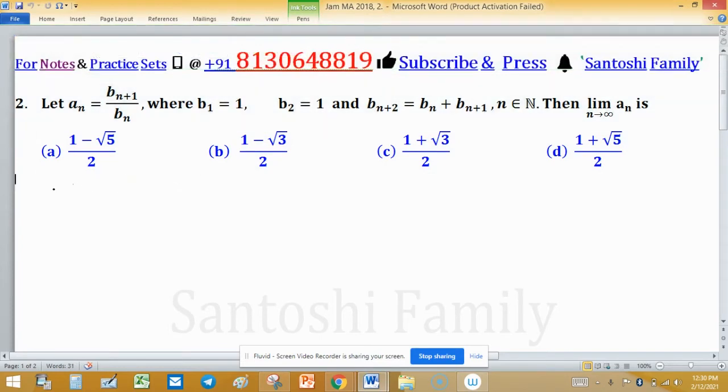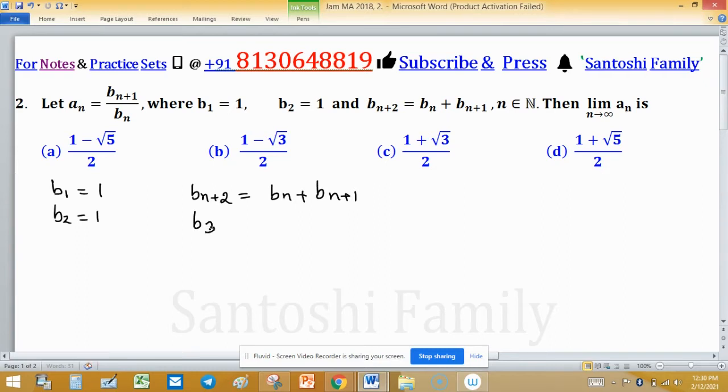Now you can check by trial. b_1 equals 1, b_2 equals 1, and b_(n+2) is given by b_n plus b_(n+1).